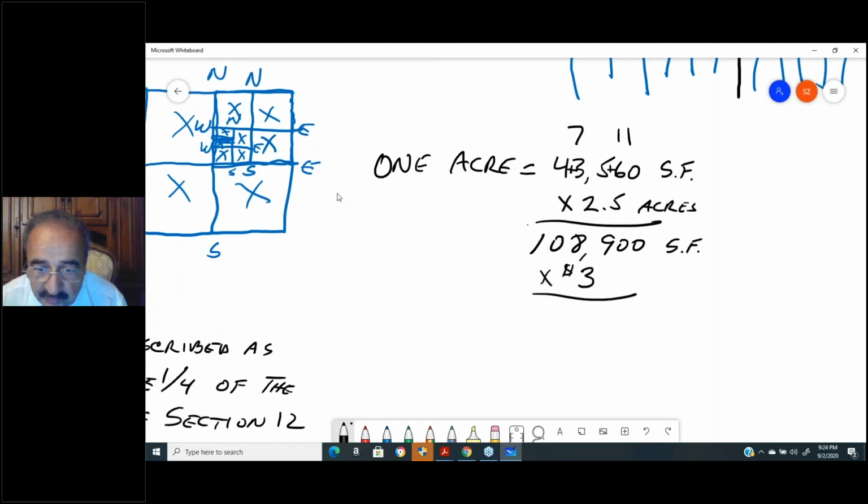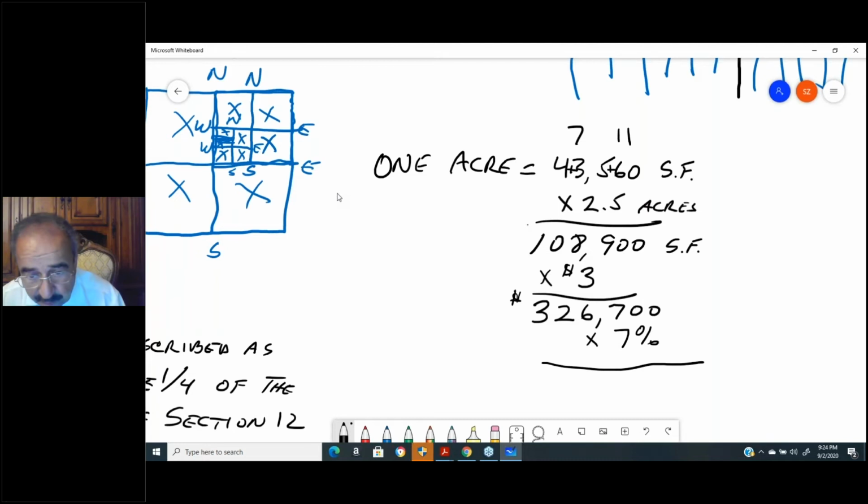Times $3 gives me $326,700. I multiply that by 7%, which is the commission, and it comes out to, I think, 22,869. I think that is the correct answer. You see, they go from one problem to another.